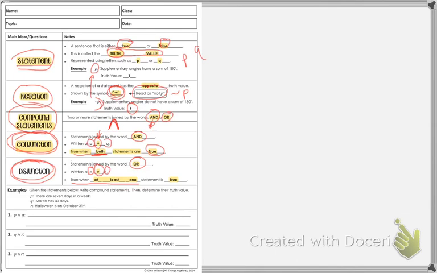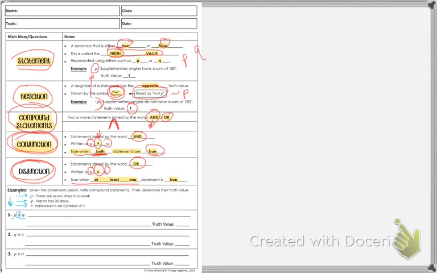So let's look at what you're going to see on your classwork, on your homework. For this, you're going to need to understand the symbols, what they look like, the statements, what they represent. So notice how they give one statement as P, one statement as Q, and one as R. Before we move on to this bottom section, we have to find the truth value to these.